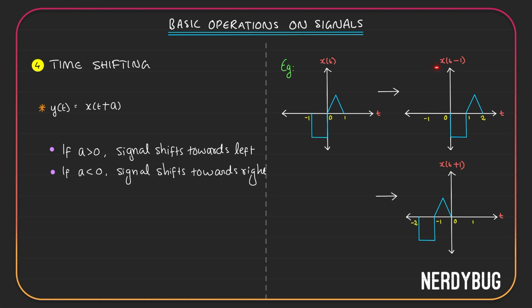What if I wanted x of t minus 2? Then the same signal would have moved 2 units towards the right. What if I wanted x of t plus 2? Then this signal would have moved 2 units to the left.